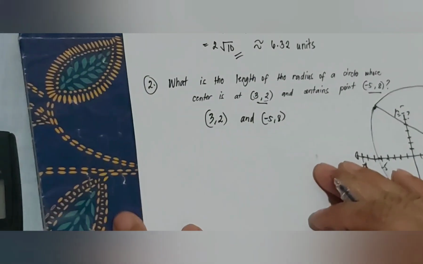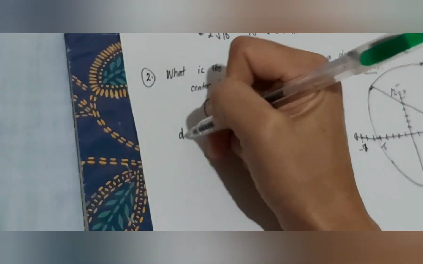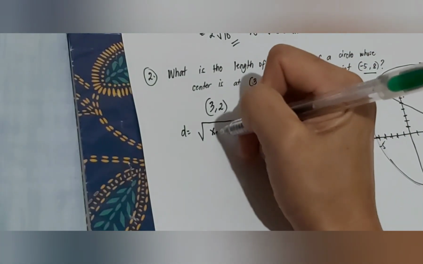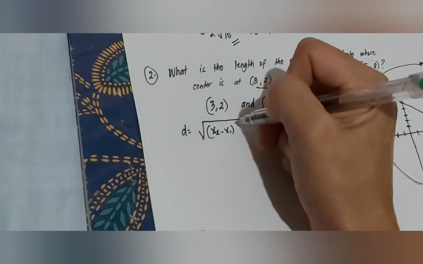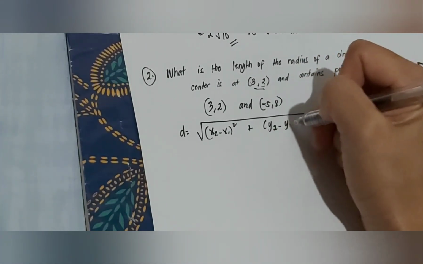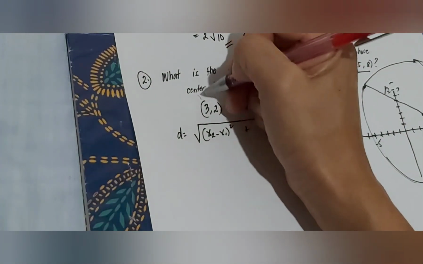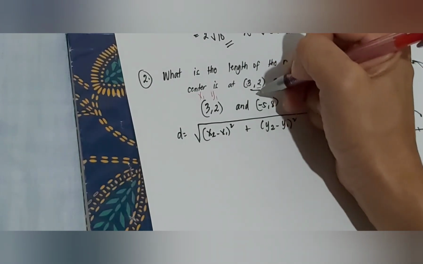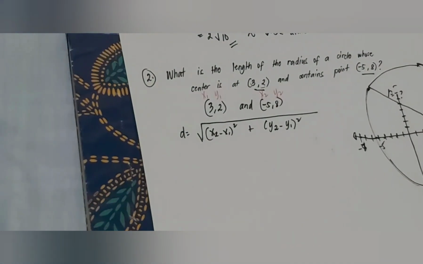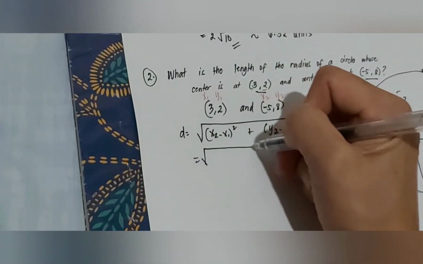And so, let's use our distance formula. Let me write it once again. X sub 2 minus x sub 1 squared plus y sub 2 minus y sub 1 squared. Okay, label tayo. This is x sub 1, this y sub 1, x sub 2, y sub 2. Okay, and then substitute.